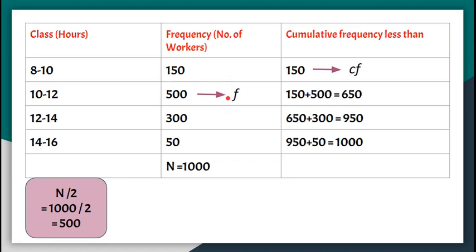From there, whichever row's frequency you have marked F, that row becomes the median class. So this class of 10 to 12 becomes your median class. All these nomenclature and steps are going to be the same. ये order सब में same रहेगा.